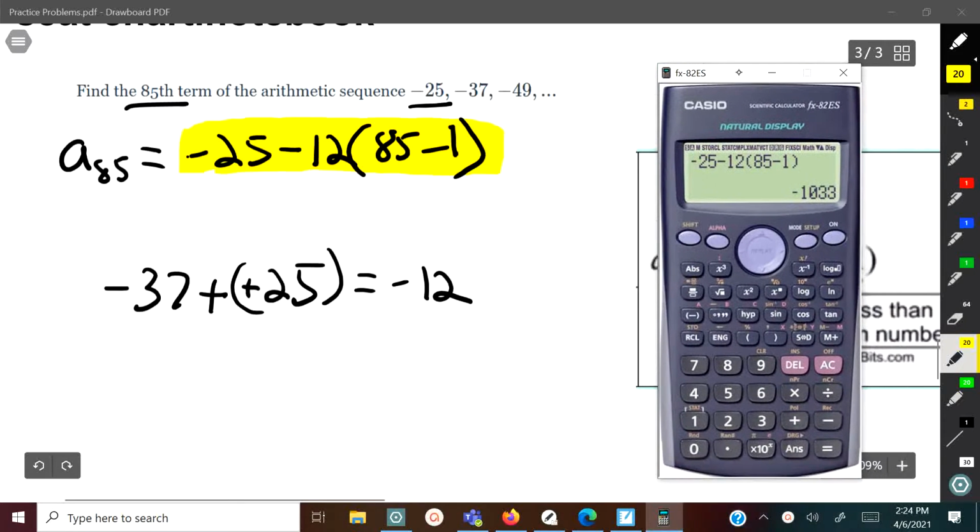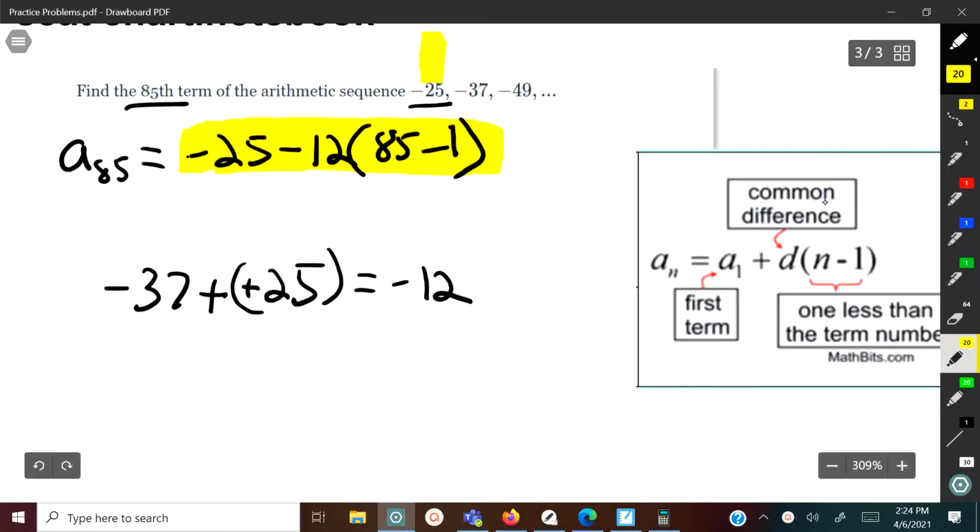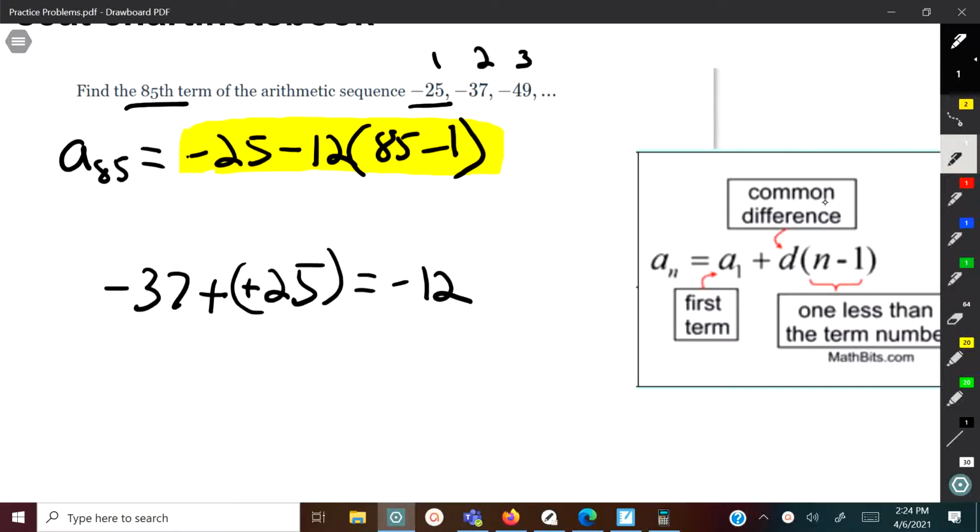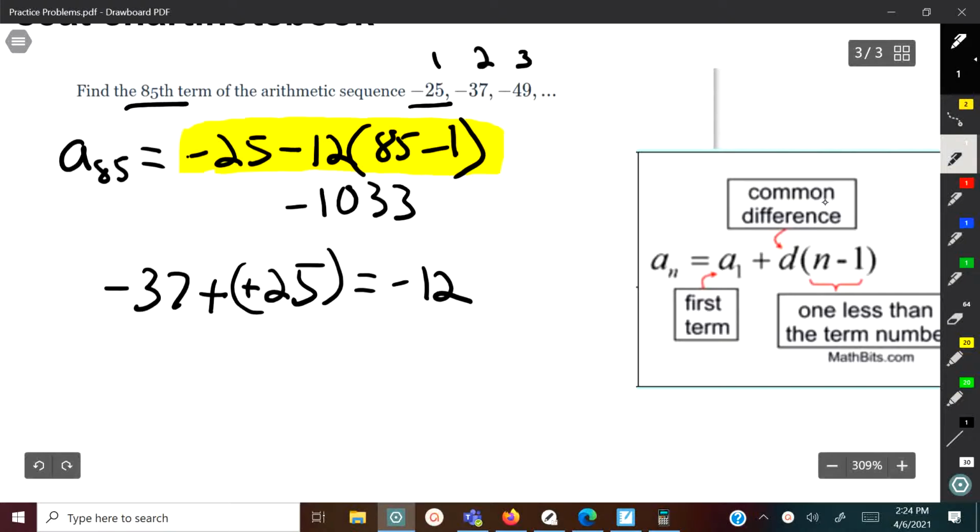Alright, so you type that into the calculator like so, and you get negative 1033. So, like I said earlier, this is the first term, second, third. If we go all the way up to 85, that number would be negative 1033.